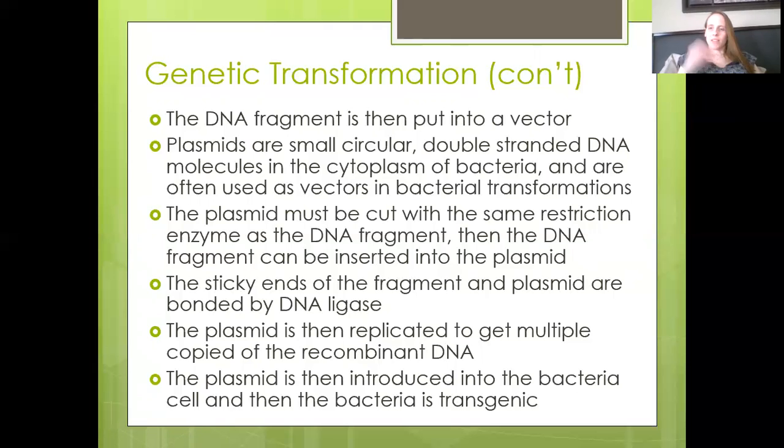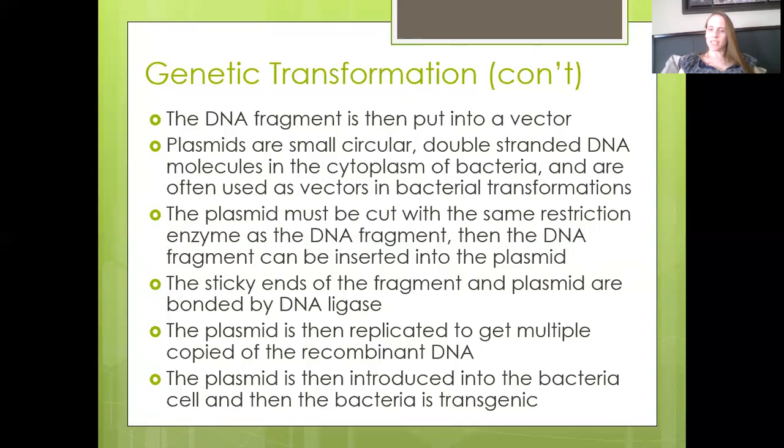Plasmids are small little circular double-stranded DNA that we find in bacteria. A lot of the time we will incorporate the DNA fragment into a plasmid and then of course put it into a virus which will inject it into the cells for us.